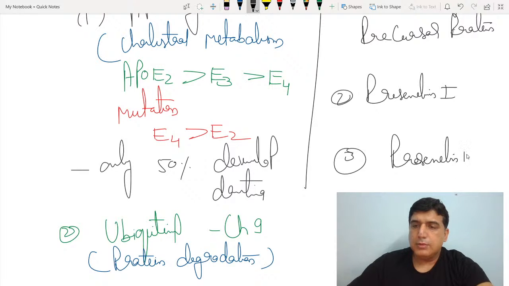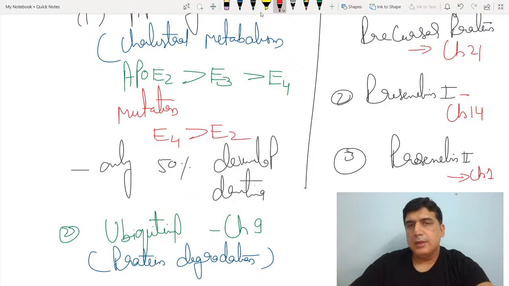Amyloid precursor protein is associated with chromosome 21, presenilin 1 chromosome 14, presenilin 2 chromosome 1. We also call them PS1 and PS2.